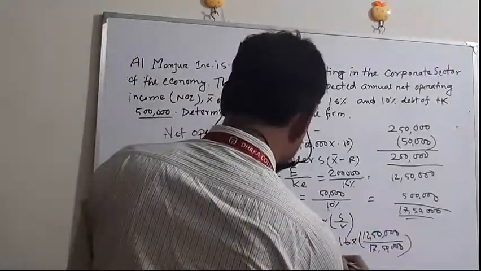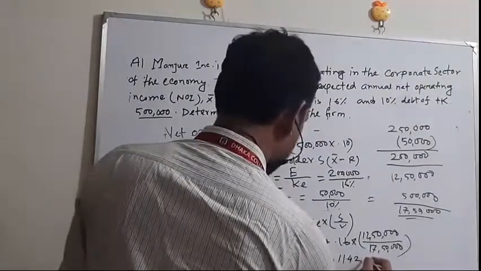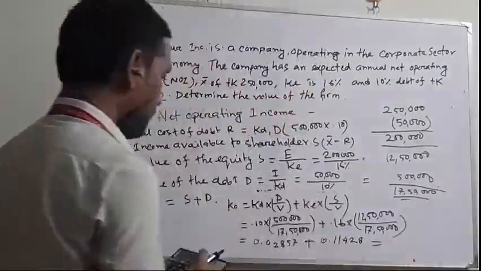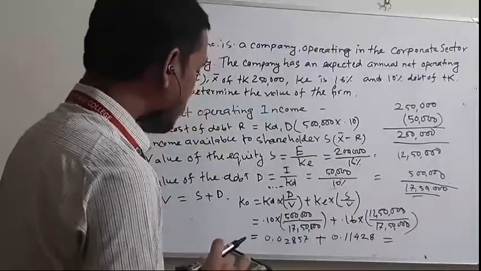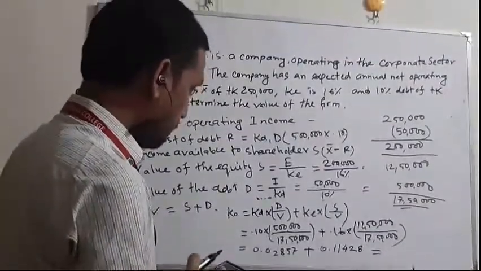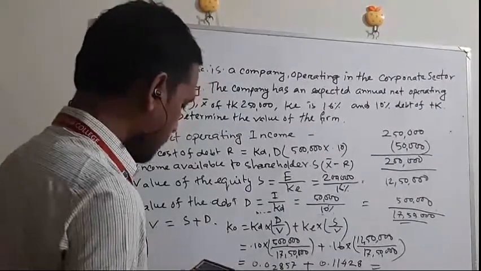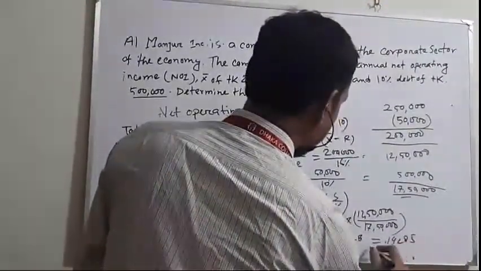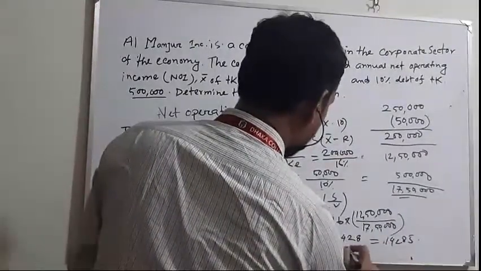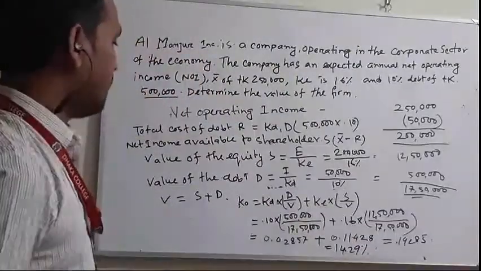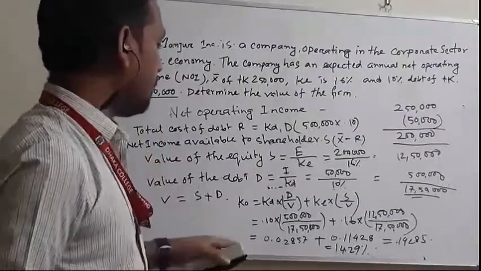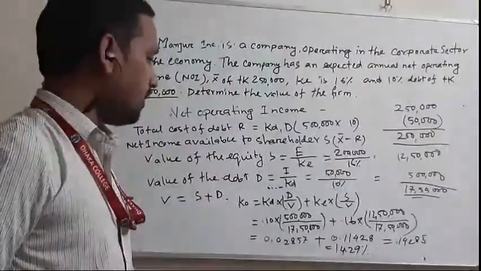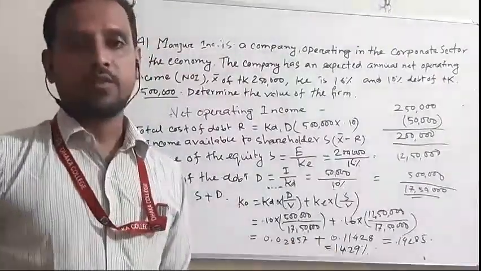Here 5 lakh divided by 17,50,000 times 0.1 is 0.02857, and 12,50,000 divided by 17,50,000 times 0.16 is 0.11428. Adding them, we get 0.14285, so we say 14.29%. Dear students, here we bring out the value of the firm, 17,50,000 taka, and the overall cost of capital, 14.29%.